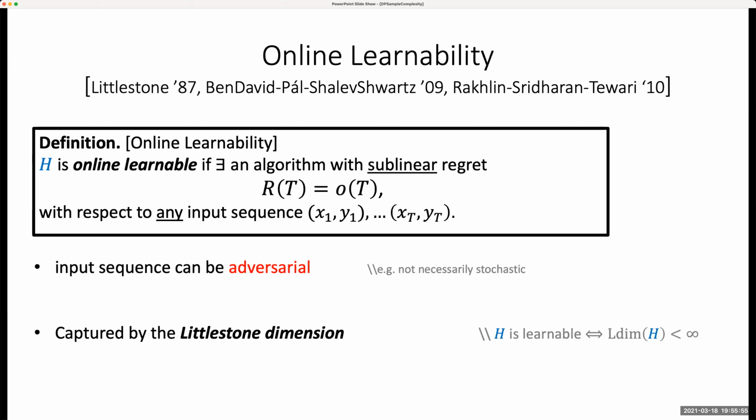Notice that it's a very similar setting to the PAC setting, only that in the PAC setting there is no adversary. The sequence comes from an IID distribution, sampled from a distribution. Here it's adversarial, and we will mention it later. But there is a very simple combinatorial parameter that captures learnability in this context, just like the VC dimension captures learnability in the PAC setting. But we will discuss it in more detail later. So this is not important for now.